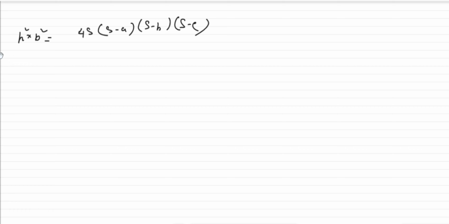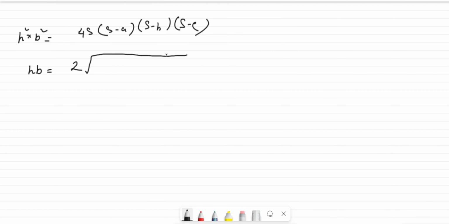So if we take the root on both sides, what will be the outcome? h into b equals 2 into root over of s into s minus a into s minus b into s minus c, right?